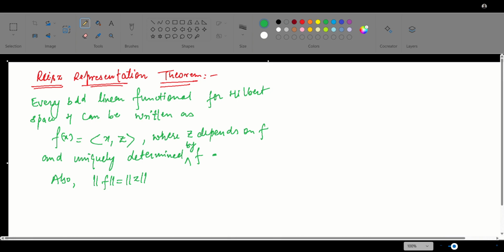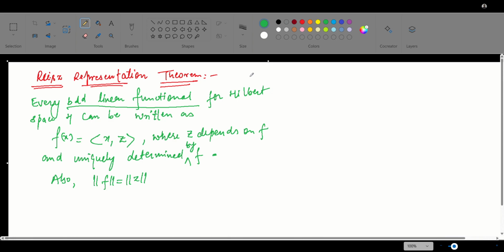Okay, so now we are going to prove this, है ना? So just see the statement, what it says. It says that every bounded linear functional for Hilbert space, everyone knows, right?